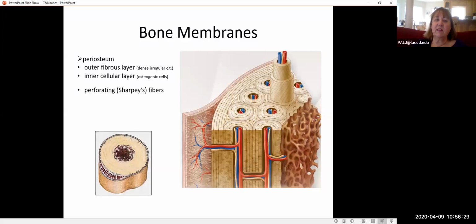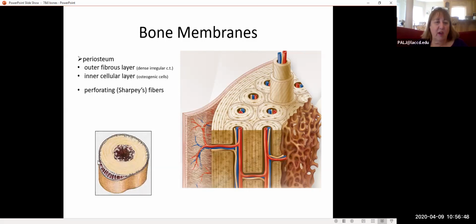Now, the third interesting thing about the periosteum is that it doesn't just lie right on top of the bone. There are actually collagen fibers that go from that outer fibrous layer through the cellular layer and into the bony tissue.